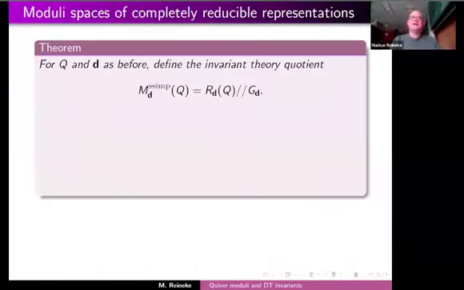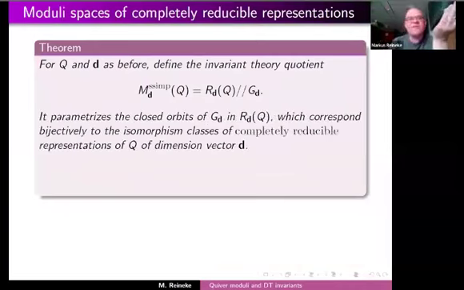Next page. Okay, so as I said, I will just define the invariant theory quotient, just the spec of the invariant ring, R_d(Q) double quotient by G_d, and this parameterizes, we know from the very beginning, the closed orbits of G_d in R_d. The orbits correspond to representations, to isomorphism classes of representations.